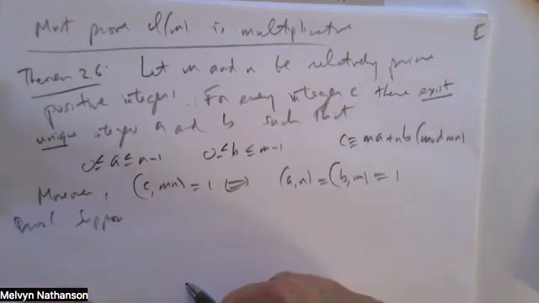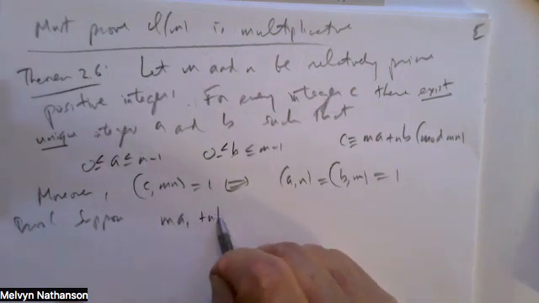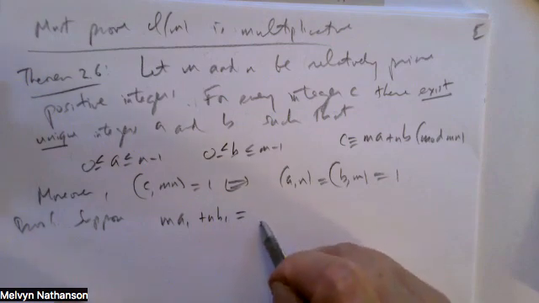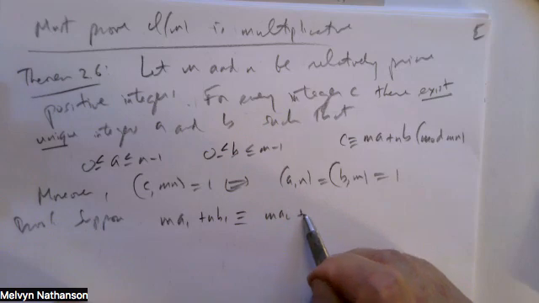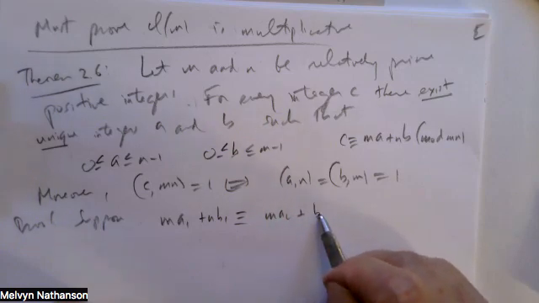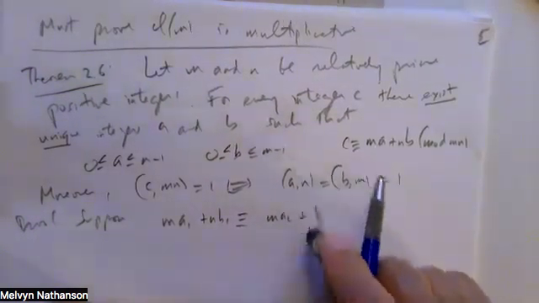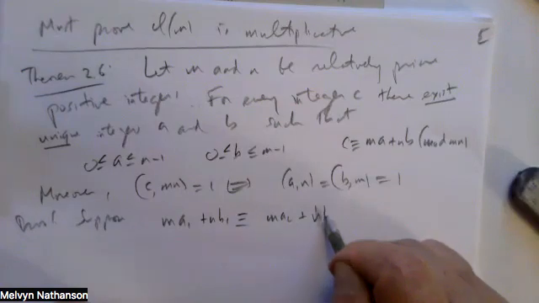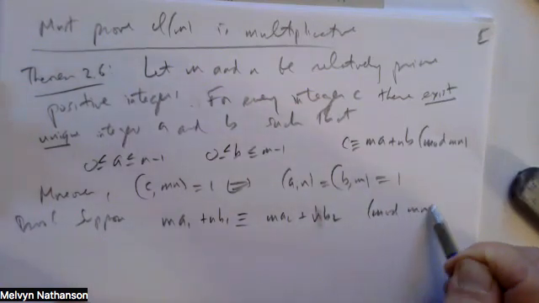Suppose we have numbers a1 and b1, and we look at m a1 plus n b1, and we have numbers a2 and b2, and we look at m a2 plus n b2, and these are congruent modulo mn.